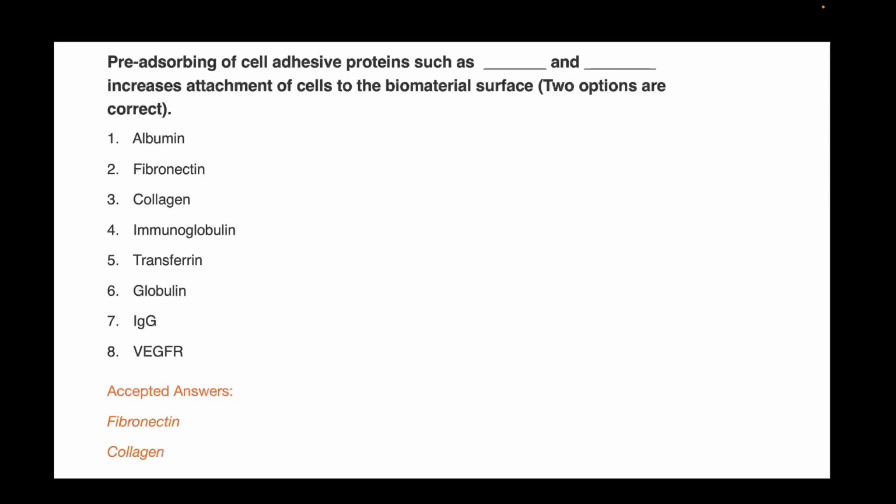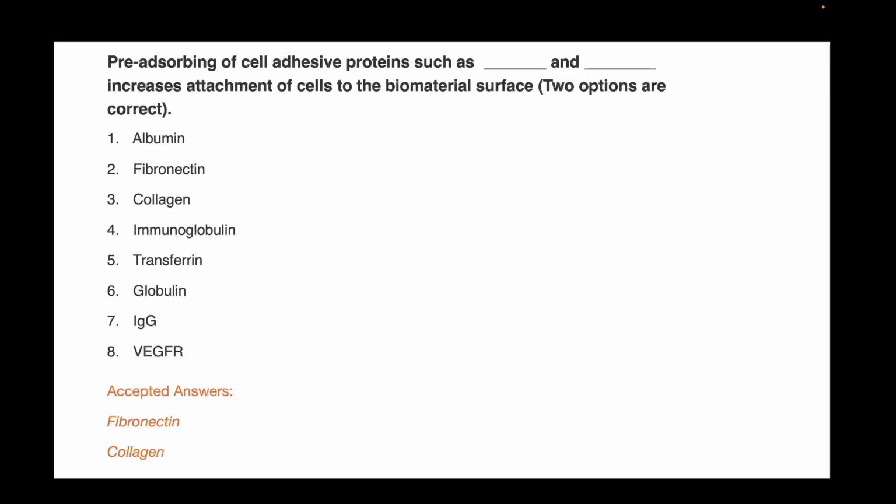So if you have a biomaterial surface where you want to increase more cell adherence, then you can coat them using these proteins, that is fibronectin and collagen. These are key extracellular matrix proteins that is majorly secreted by cells, and they have multiple cell adhesion sites, integrin based binding sites, etc., for cell attachment, and that helps as an anchorage point to cells and helps in cell attachment and proliferation.